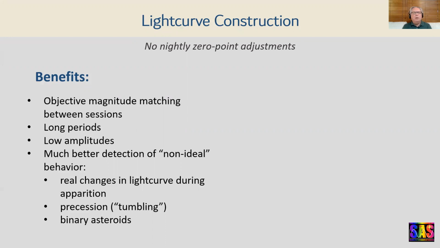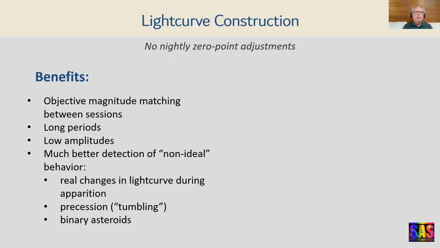When you have low amplitudes where bad matching between sessions can completely overwhelm the signals that you're looking for, and we're down to, I'm looking now at light curves of 30 to 50 millimagnitudes, so we're beginning to encroach upon exoplanet style territory.